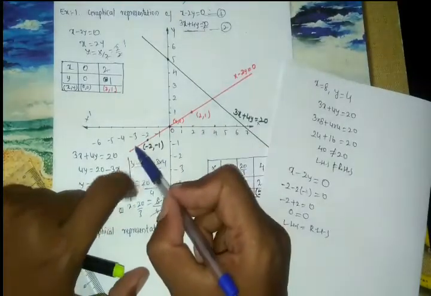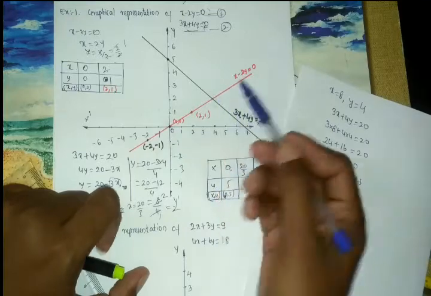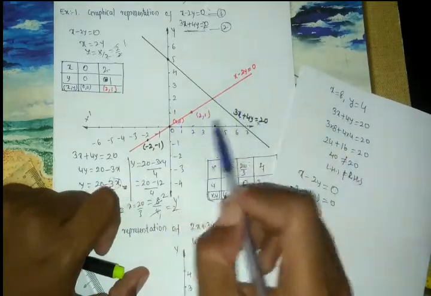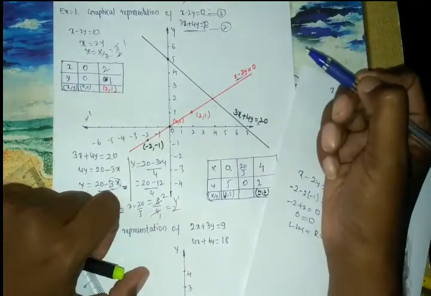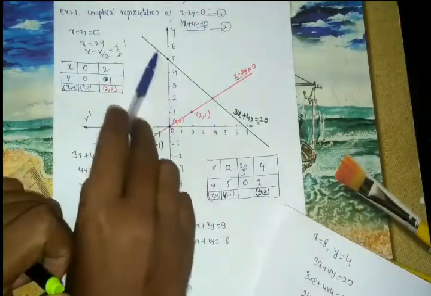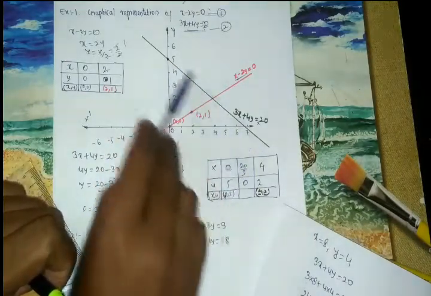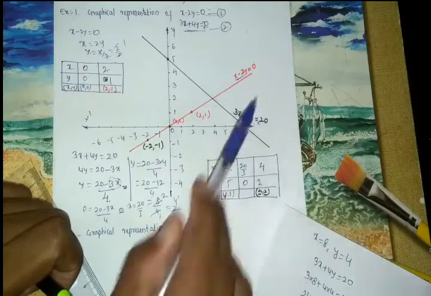So you take any point on this line, that point will give the solution for this equation x minus 2y equals 0. Similarly, you take any point on this line, it will give the solution for this equation.